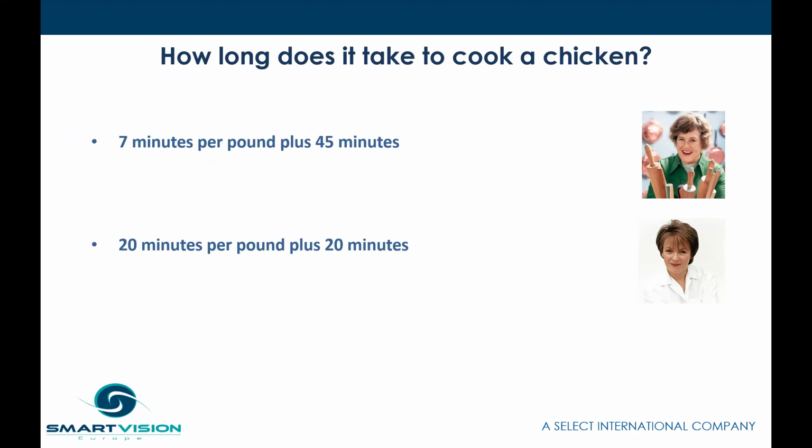That happens to be pretty much the same formula that Delia Smith uses. And Julia Child used a different formula. She used 7 minutes per pound plus 45 minutes because she had different temperature settings and assumed certain assumptions about the chicken and how you were cooking it. The point is that these are both formulae.